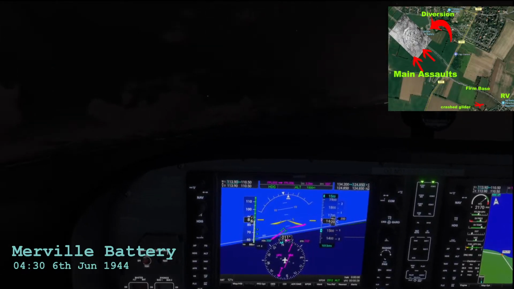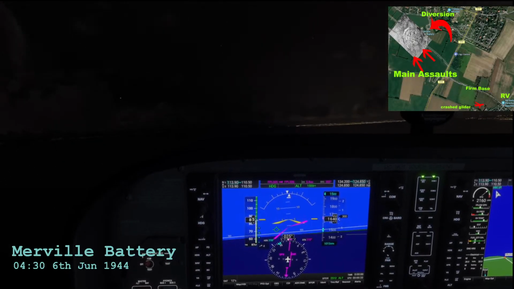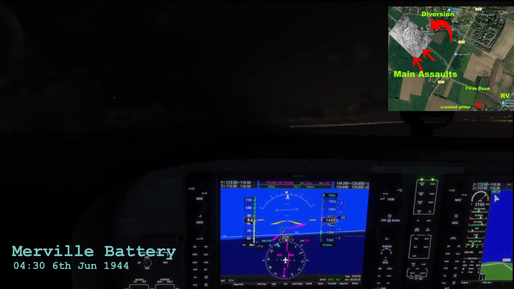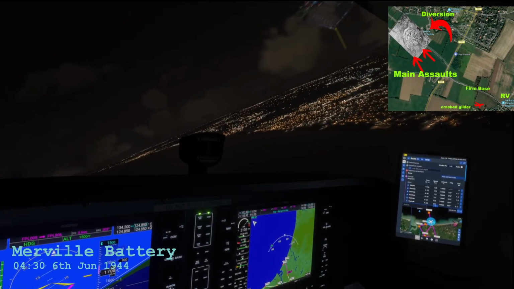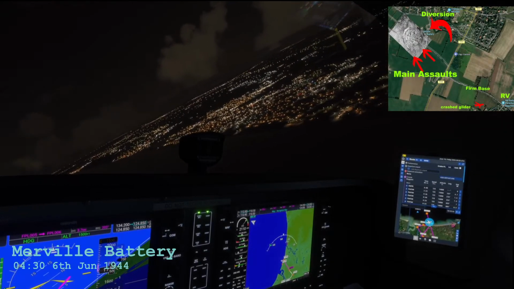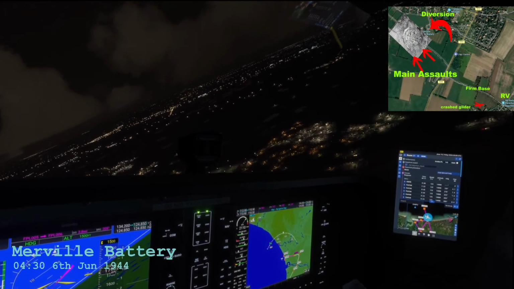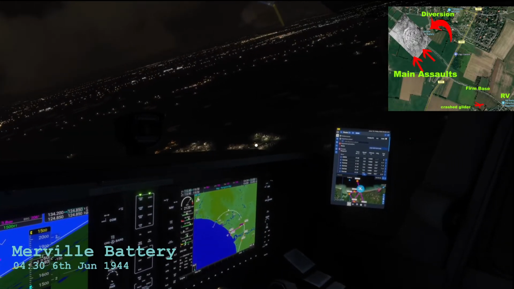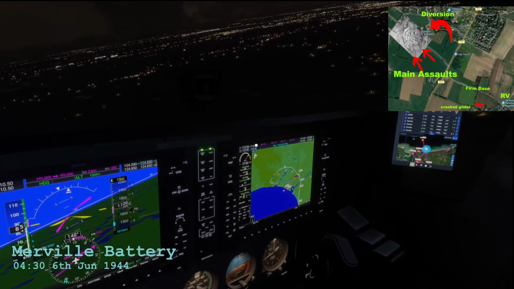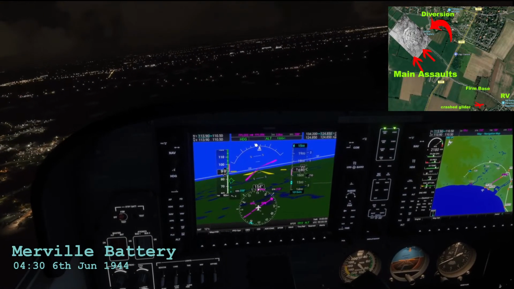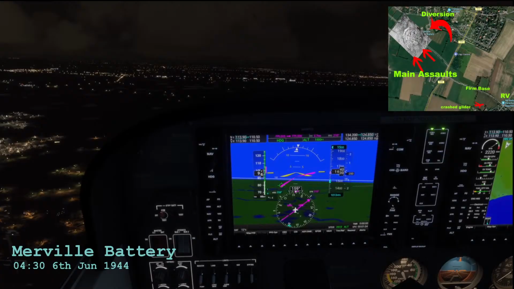Now, there were 3 gliders planned on landing here. One of them, very early on after takeoff, lost its tow rope and had to go back. 2 came in. One crashed about 2 or 3 miles away, couldn't find the target, and the other one, as we find, also crashed.